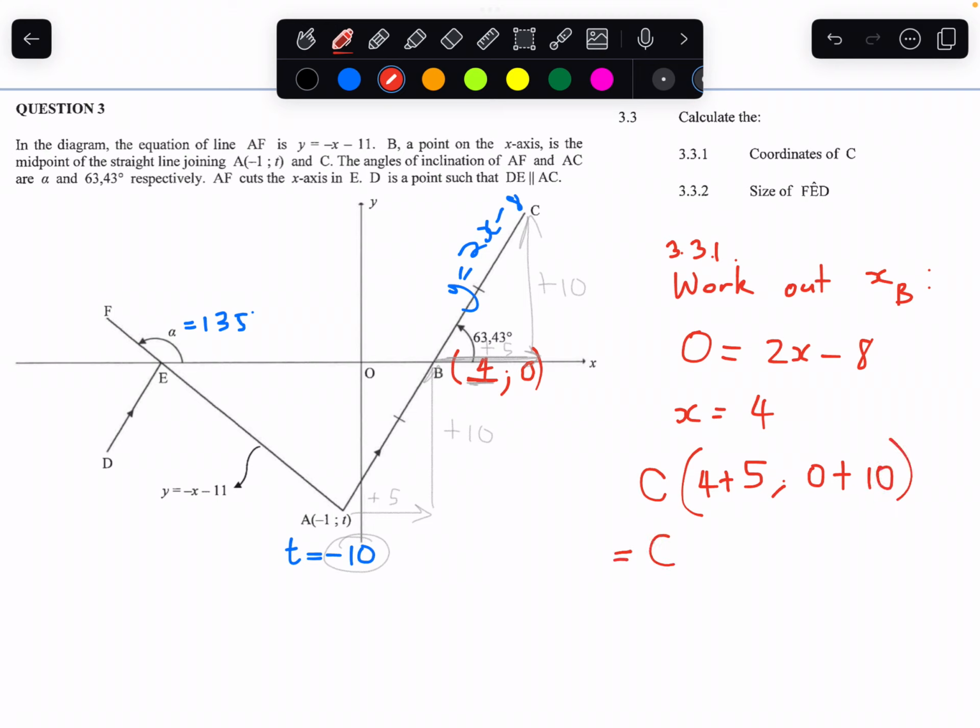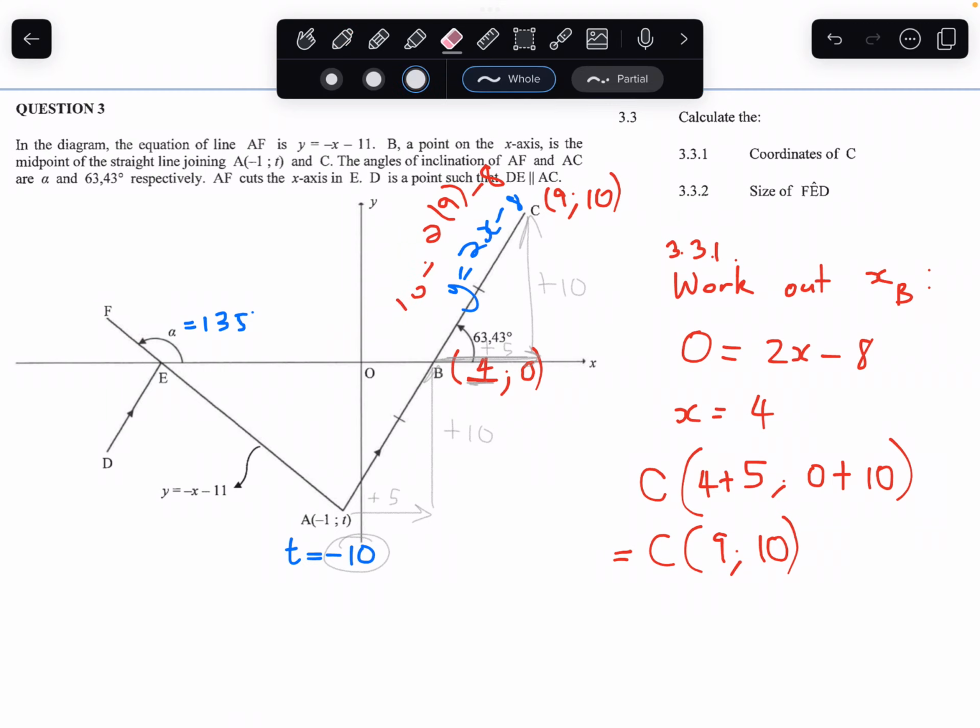And so C's coordinates are 9 and 10. If you put that into this equation, it should work out. So 2 times 9 is 18, minus 8 does in fact give us 10. If we found a point that didn't satisfy that equation, then we'd know that we definitely haven't found the correct coordinates for C. Okay, cool. So now we've got the coordinates of C.